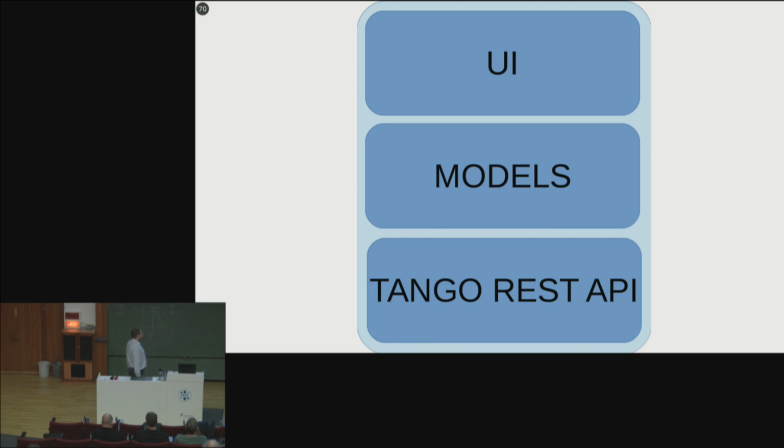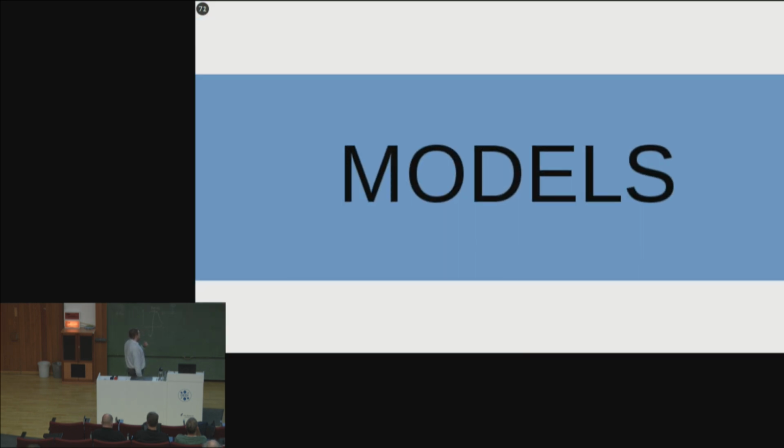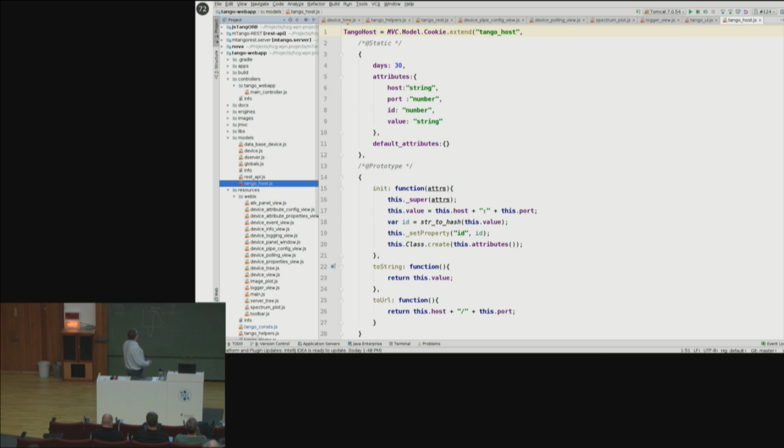So now let's talk a little bit about the models. As I said, all the models reside in their own directory, and obviously we have to map Tango concepts in our client implementation. So we have a device model, device server model, and so on. And we also have a Tango host model, which is actually inherited from the cookie model from JavaScript MVC.